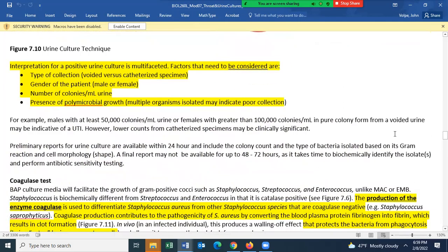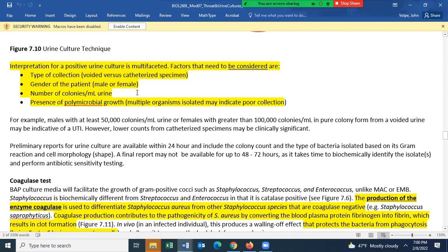The interpretation of a positive urine culture is multifaceted. Some factors that need to be considered are the type of collection. Is it a suprapubic specimen, meaning we put the needle directly into the bladder, or is it a mid-clean catch specimen where the patient is voiding and then collects some urine midway through the urine stream?